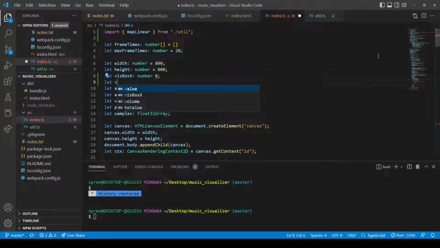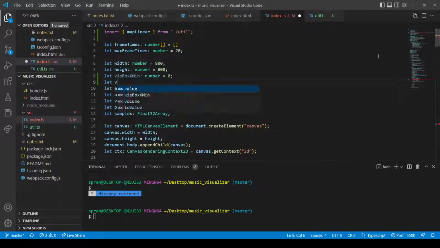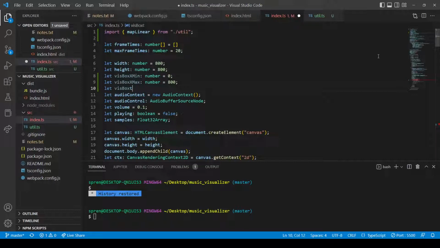I need the top left X and Y and a width and height, I think. Maybe I want to do X min, X max, Y min, 750?